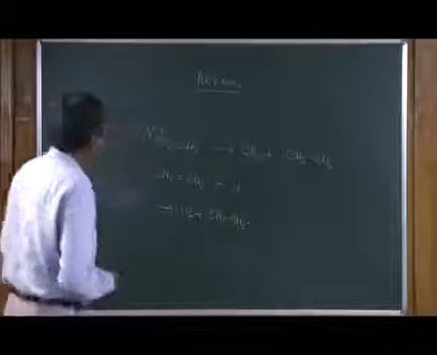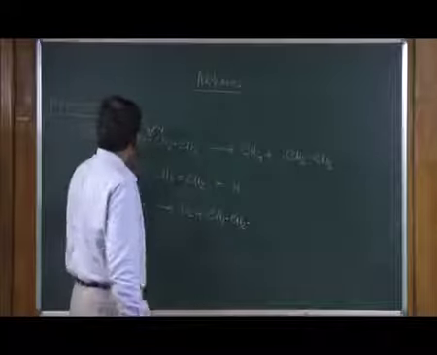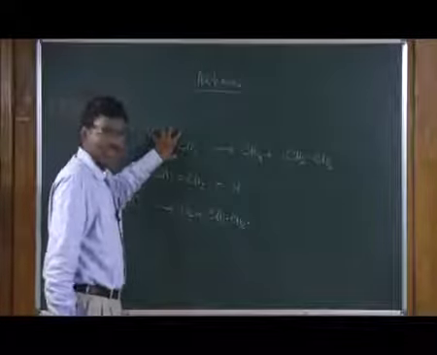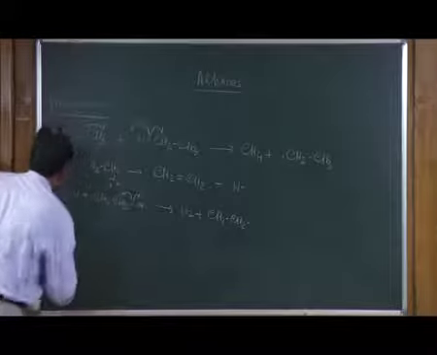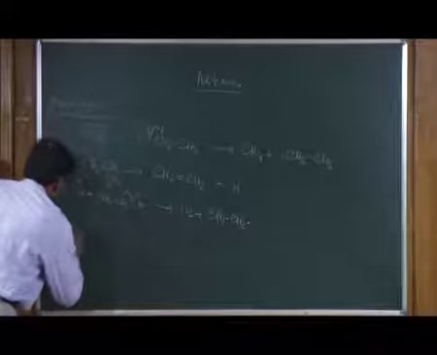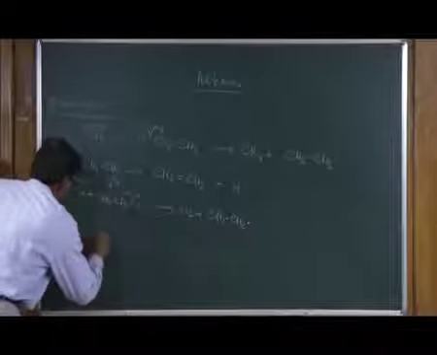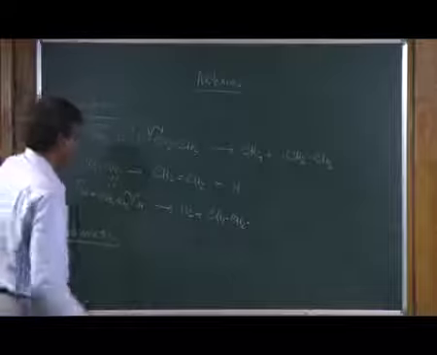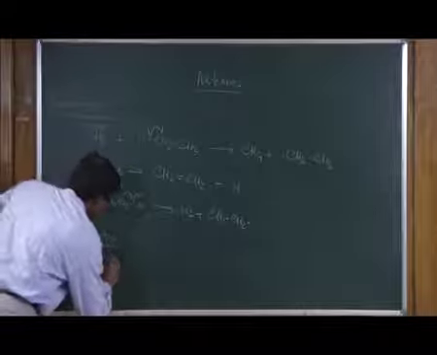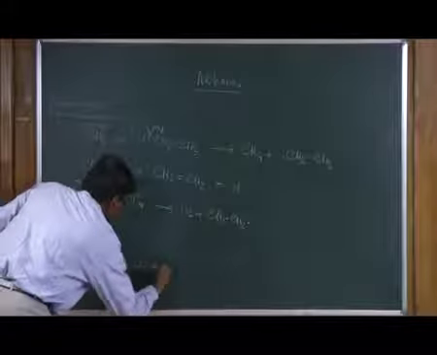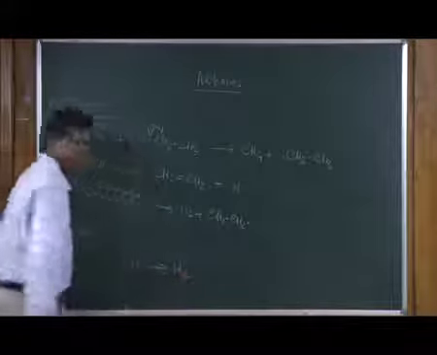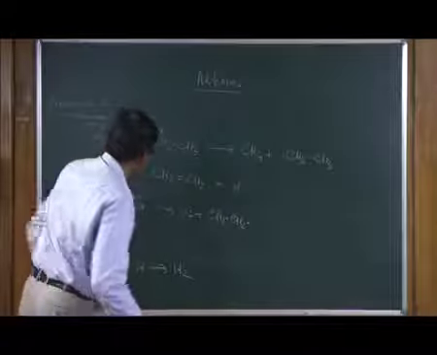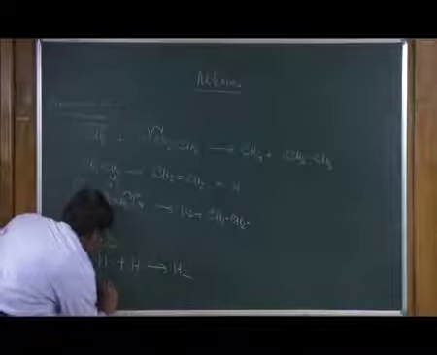So, 2 radicals can also combine, as I mentioned earlier, once the substrate is consumed. These 2 radicals can combine together and the reaction can be stopped. This is called the termination step. So, the 2 hydrogen radicals combine together, you get hydrogen molecule, and similarly 2 ethyl radicals can combine together.